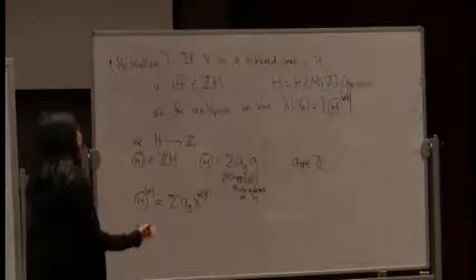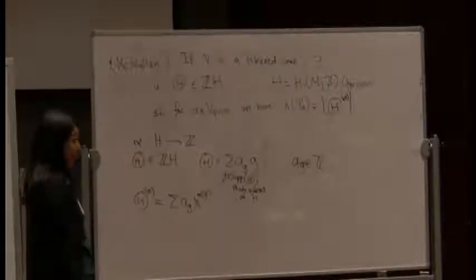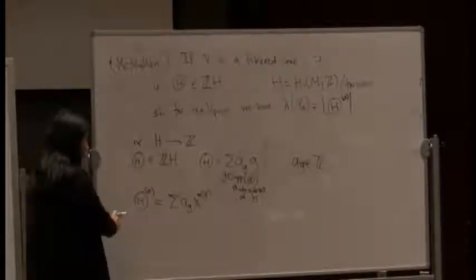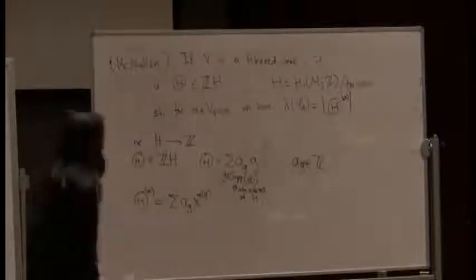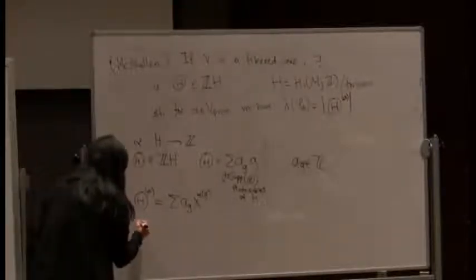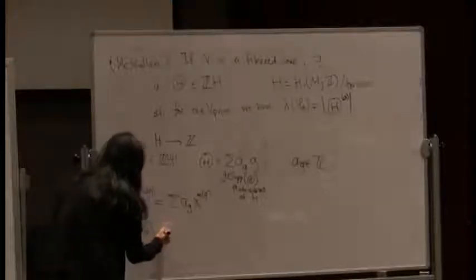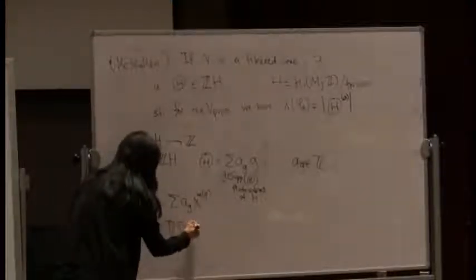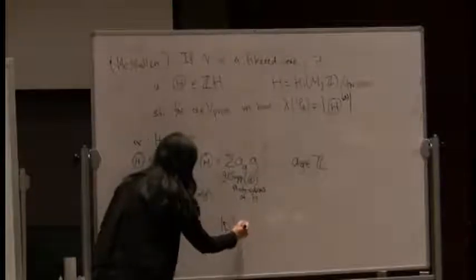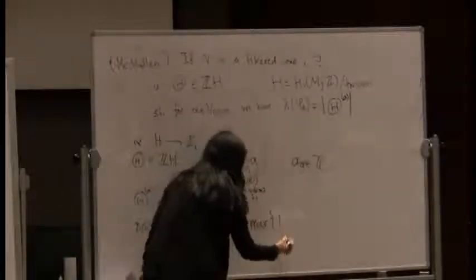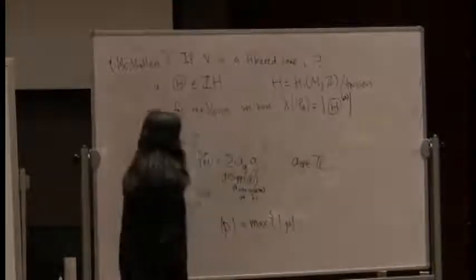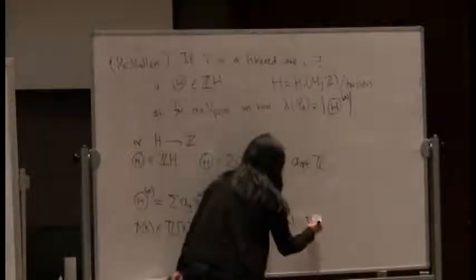So this could be a Laurent polynomial. It could have negative powers. But let's not worry too much about that because we're interested in the roots. What I mean by the norm of p, if p of x is a polynomial, is the maximum amongst the norms of the roots of p.